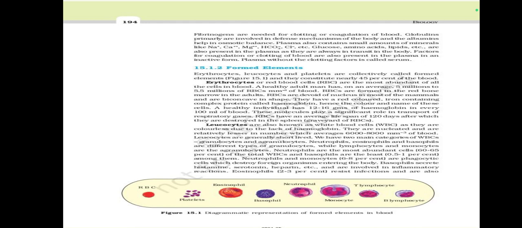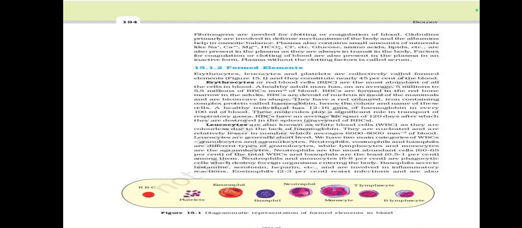Among them, neutrophils and monocytes, 6 to 8%, are phagocytic cells, which destroy foreign organisms entering the body. Basophils secrete histamine, serotonin, heparin, etc., and are involved in inflammatory reactions.